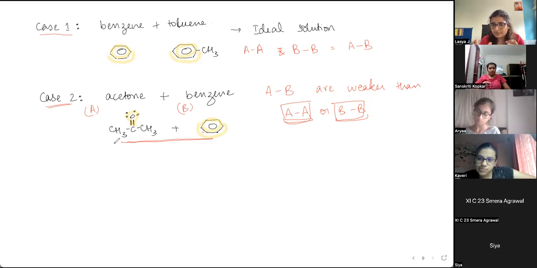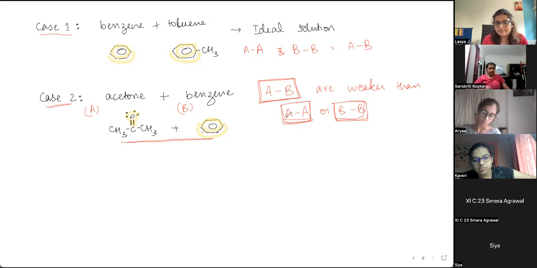Now we are looking at what their interaction is going to be compared to if you had purely A or purely B. If AA and BB are same as AB, like jitne attractive forces, jitne repulsive forces hai, if it is pretty much the same thing, their ability to vaporize also will pretty much remain the same.